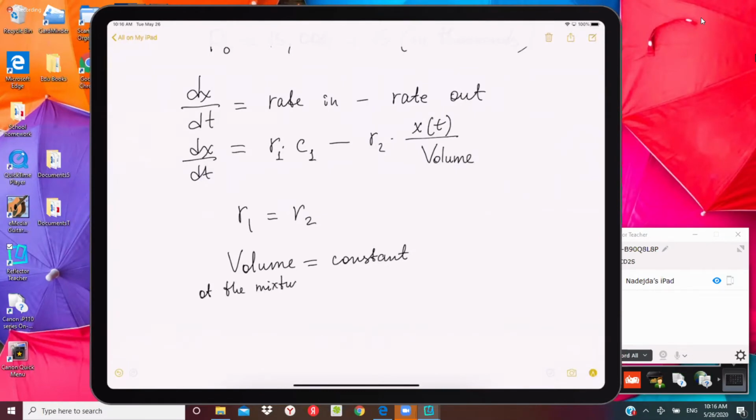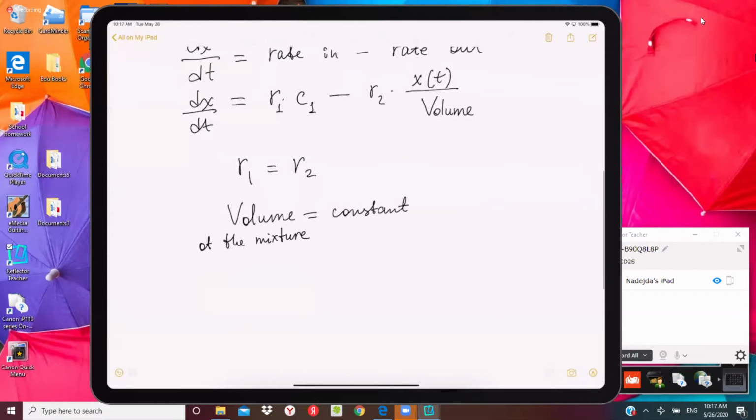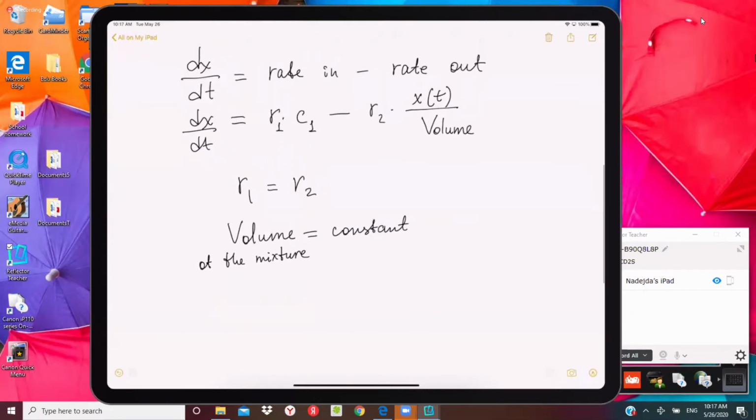Then why in our notes, in some examples, would you have something like 300 plus 2t, the net rate in the denominator with the mixture of the tank? Well, that happens if these two are not equal. In this example on the quiz, the number of gallons that enter and the number of gallons that exit are equal.